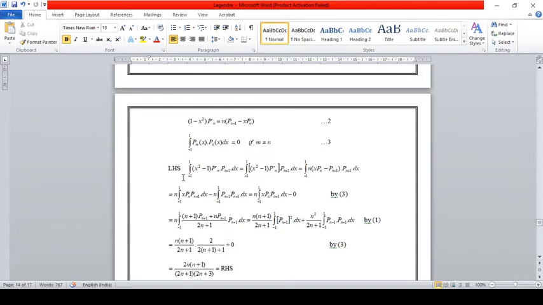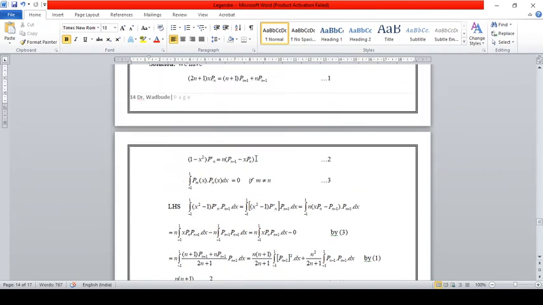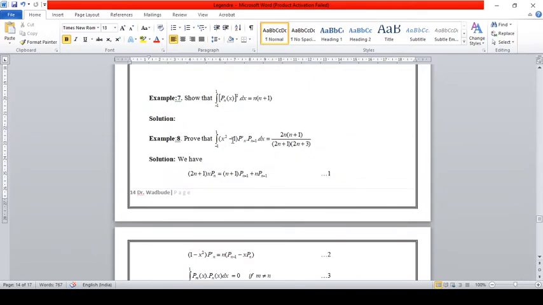Now the left hand side of the given equation.